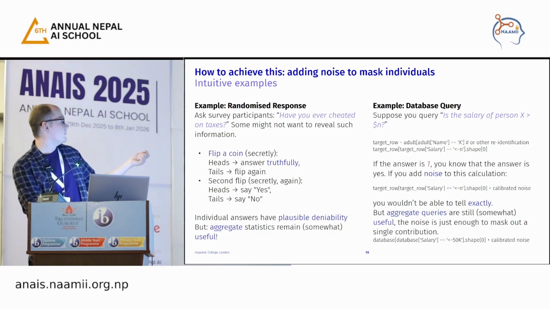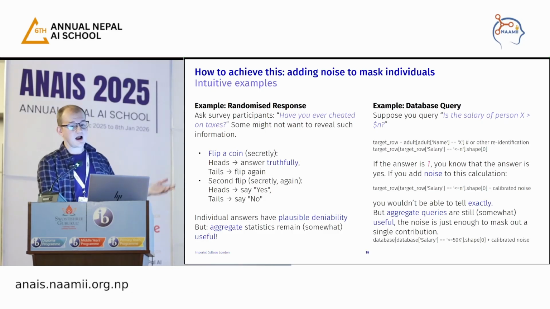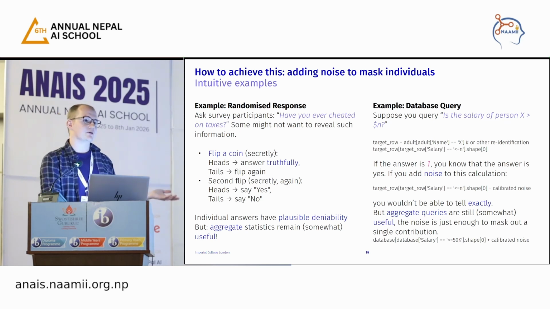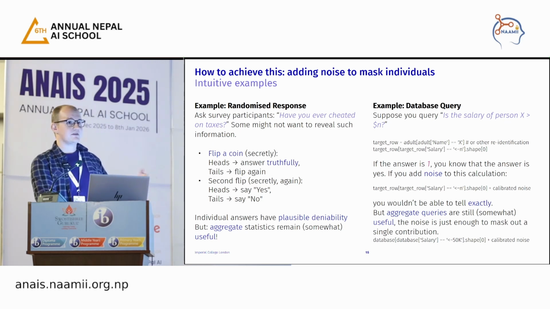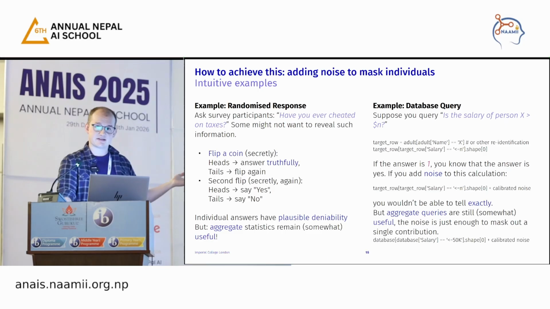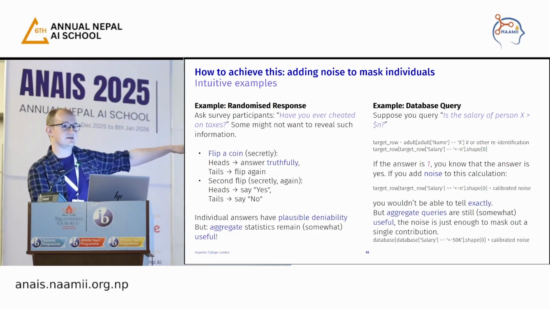But if we add noise to this calculation, with some calibrated noise, which we will discuss how to calibrate, we might get an answer something like 2.5 or 0.2, right? So that means we can't exactly infer whether or not this row actually exists. Again, you can't tell exactly.